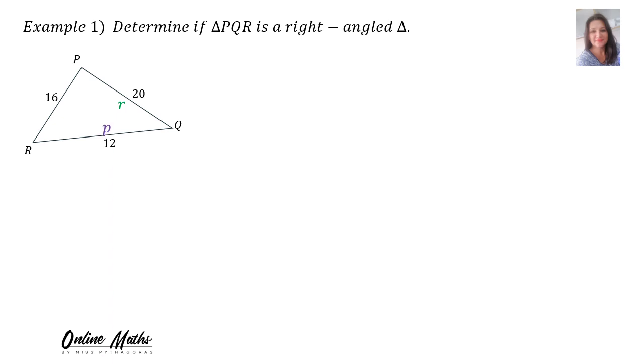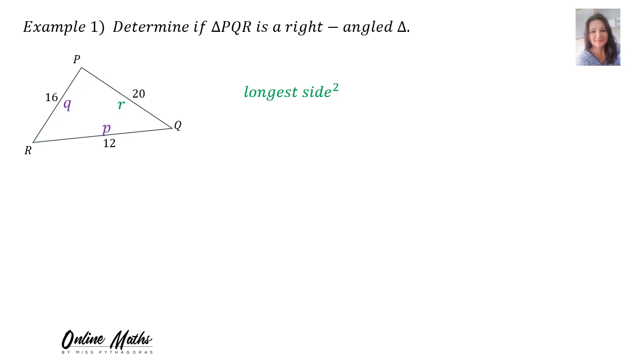This will be little p, the side opposite angle p, and this one will be little q, the side opposite angle q. Then what you do, you start with the longest side squared. Remember, the longest side is the hypotenuse in a right-angled triangle.